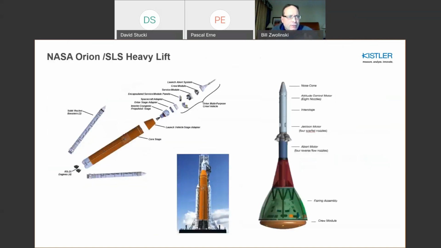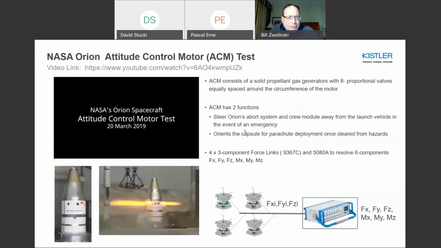One thing I wanted to mention here, just one example, is that in the industry, obviously you're always concerned about astronaut safety. One of the things being done with the NASA Orion program, or SLS Heavy Lift, is having the ability to have an abort system where you can save the lives of the astronauts if something adverse were to happen. What I wanted to show here was just a quick view on an application where it's an attitude control motor test.